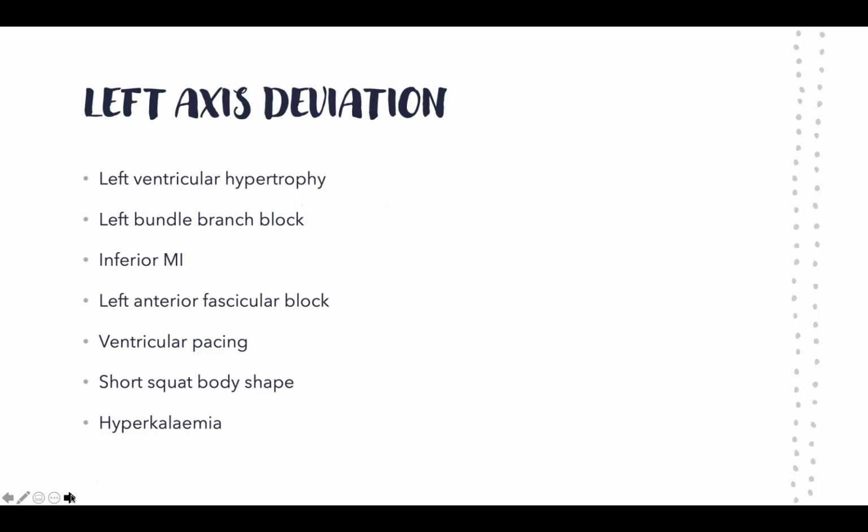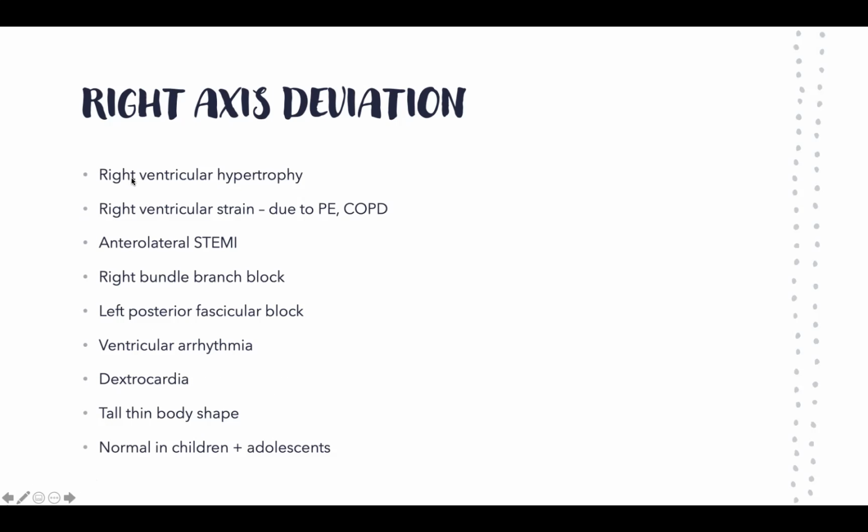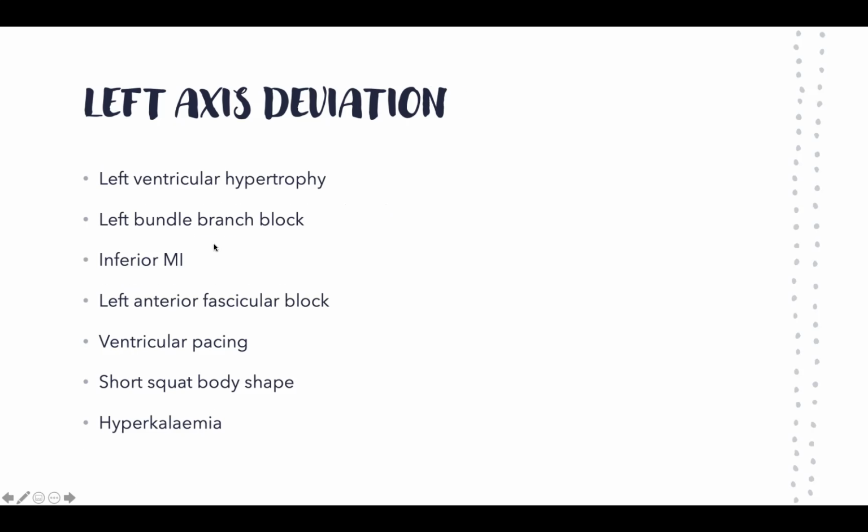Then there is left axis deviation. The right axis deviation was due to right ventricular hypertrophy, which makes sense as a lot of the electrical signals are now stronger on the right-hand side due to hypertrophied muscle, similar with the strain. Here we can use that same logic and apply it to left ventricular hypertrophy.